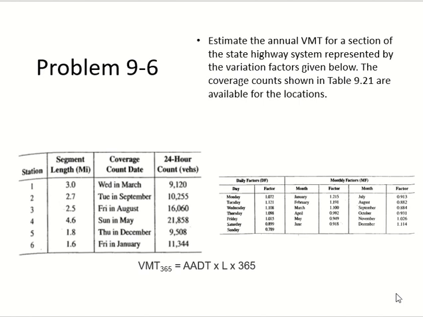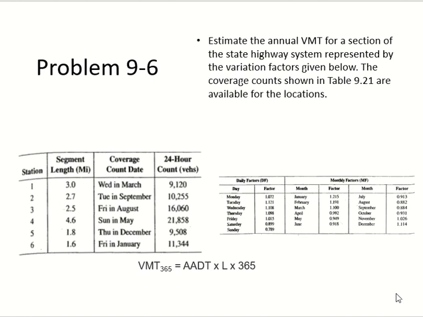Now you look at this equation. I have AADT, which is average annual, multiplied by length, so it becomes VMT. Count multiplied by length is VMT. VMT for how much time? One day, because this is average annual daily.